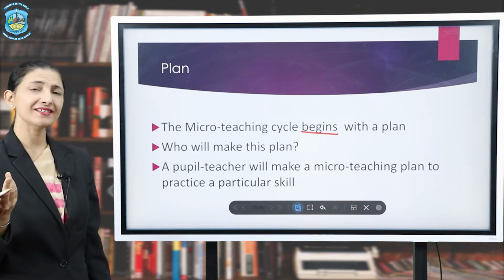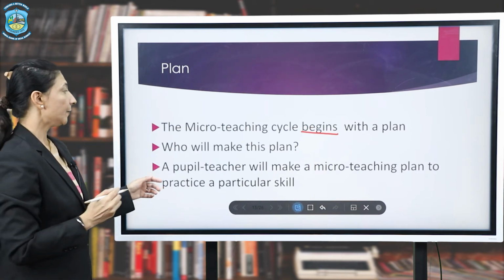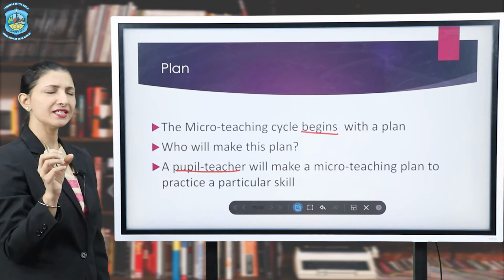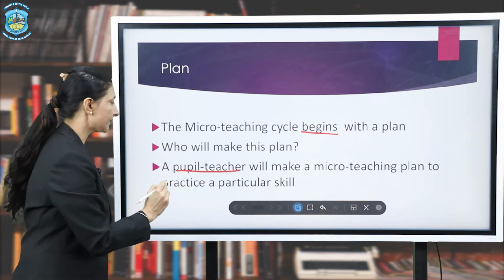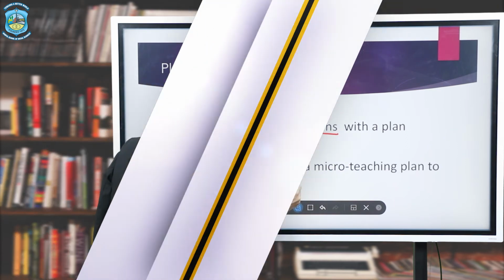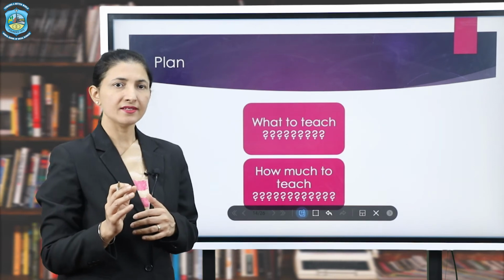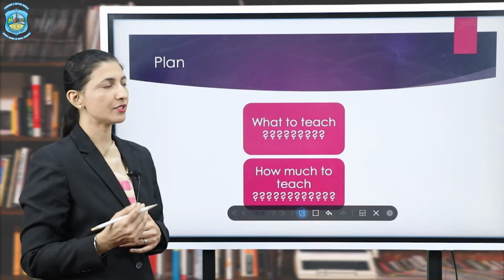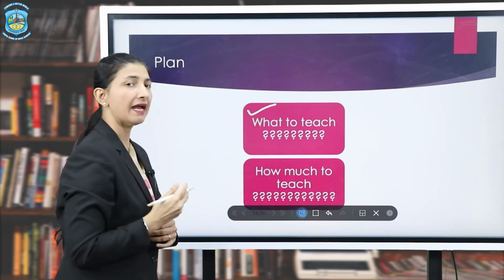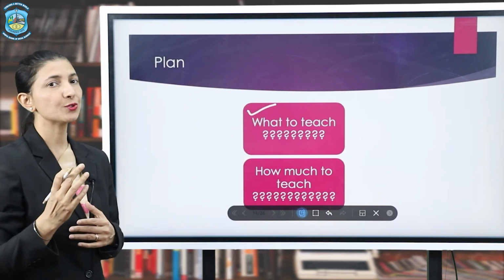Now, who will make this plan? A pupil teacher will make a micro-teaching plan to practice a particular skill. It will answer the following questions: what to teach and how much to teach.